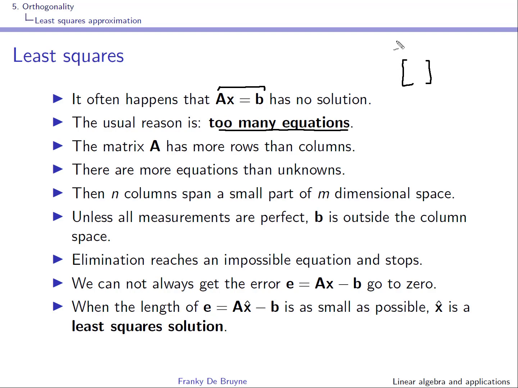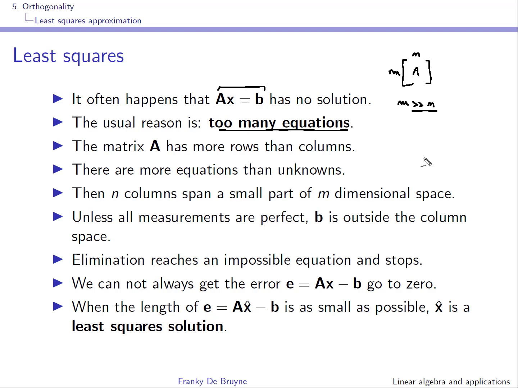So m, the number of rows, and n, the number of columns, are such that m is much larger than n. There are more equations than unknowns, and the column space, which is the combination of all the columns of this matrix A, spans only a part of Rm.